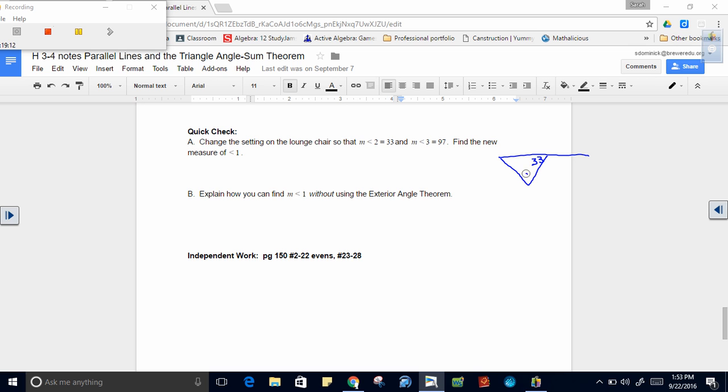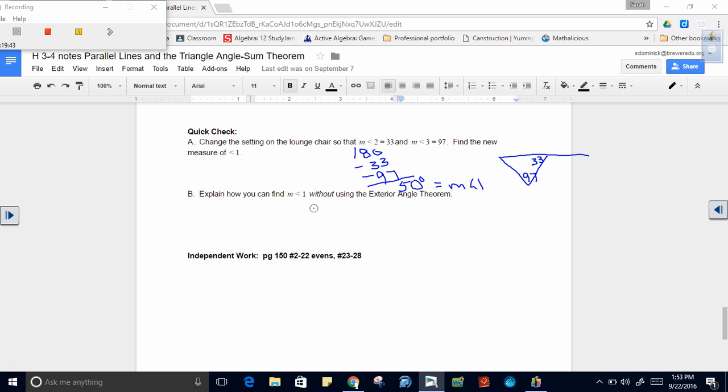Measure of 3 is 97, so this would need to be opened much more. Find the new measure of angle 1, so right here. So again, I can go 180 minus those things. Minus 33, minus 97. Ooh, running out of room, and I'm sorry. So it'll be 50. Be the new measure of angle 1.